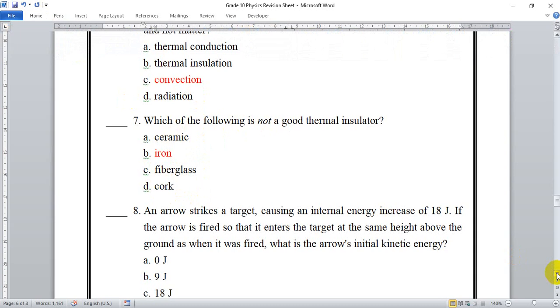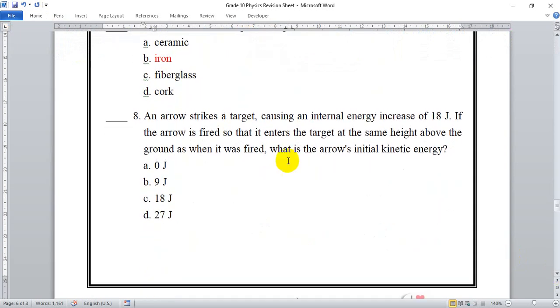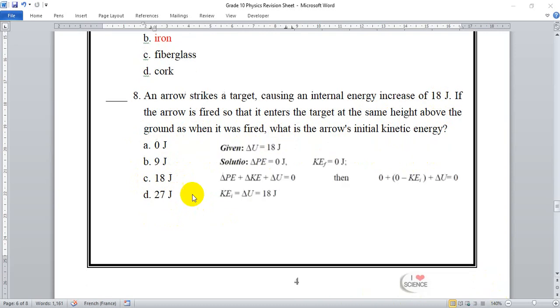Number 8. An arrow strikes a target, causing an internal energy increase of 18 joules. If the arrow is fired so that it enters the target at the same height above the ground as when it was fired, what is the arrow's initial kinetic energy? 0, 9, 18, 27.